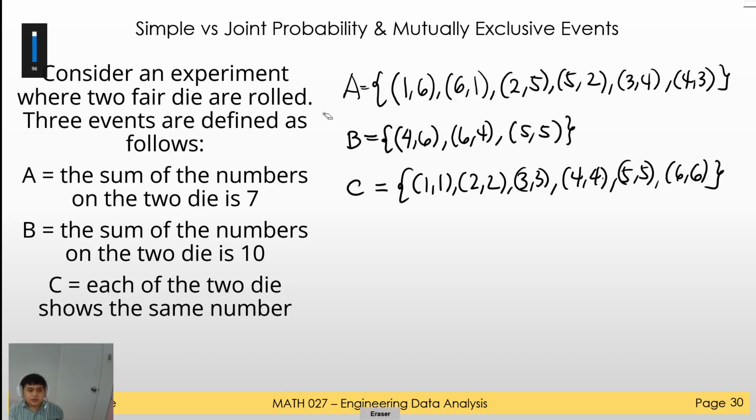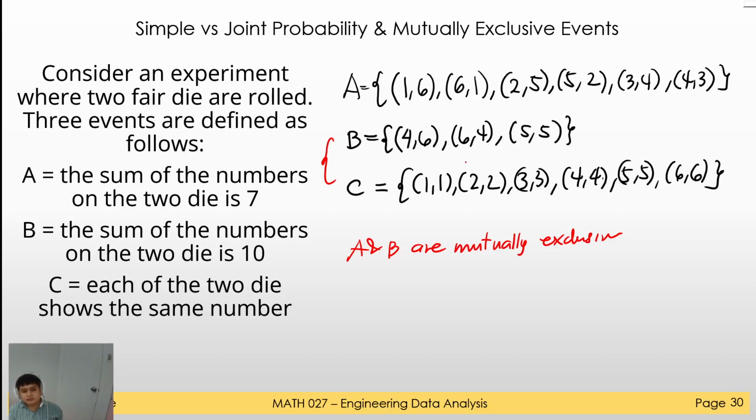Therefore, A and B are mutually exclusive. For events B and C, is this mutually exclusive? There is an intersection, so B and C are not mutually exclusive.